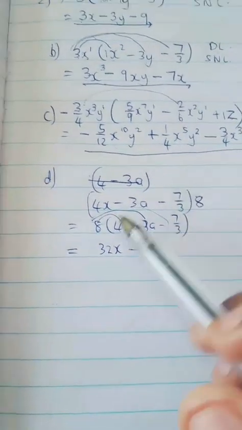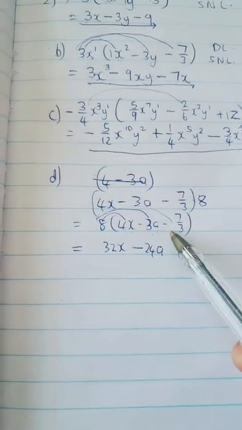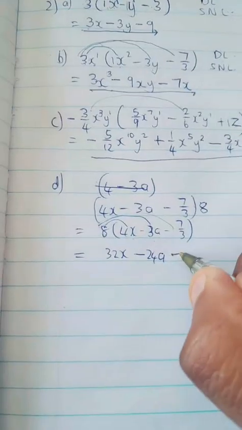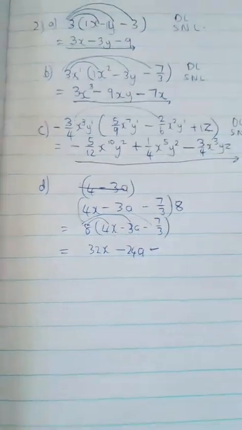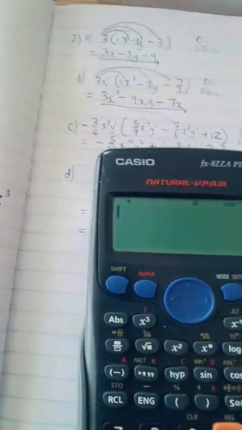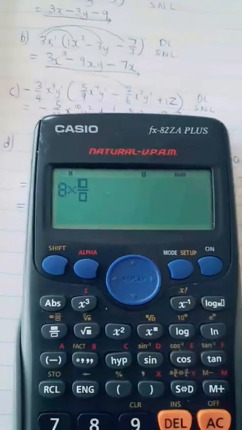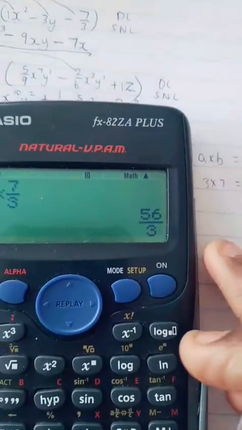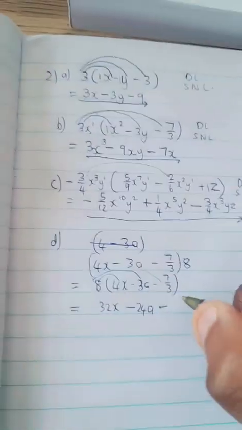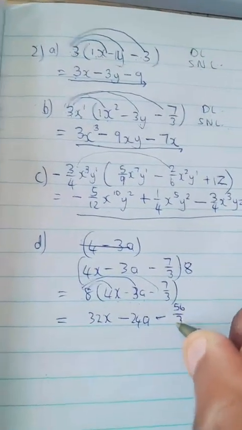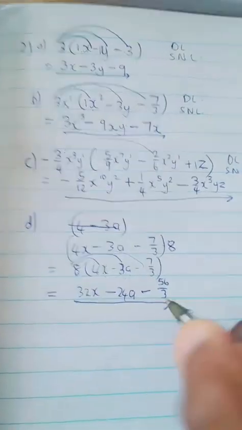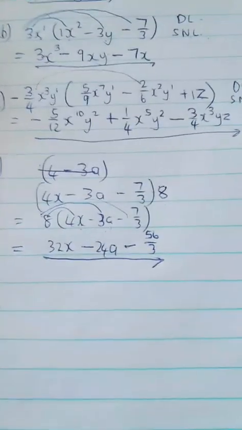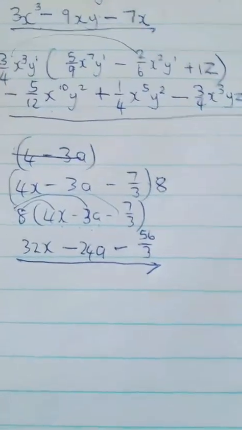Then last but not least, 8 times negative 7 over 3, positive times a negative is negative. You can take your trusted calculator: 8 times 7 over 3 is 56 over 3. And there you have it. That would basically be your final answer.